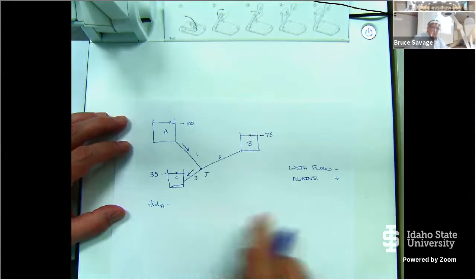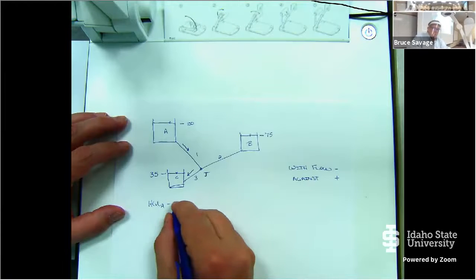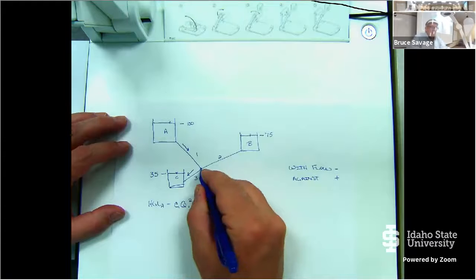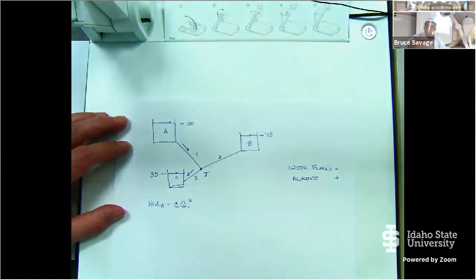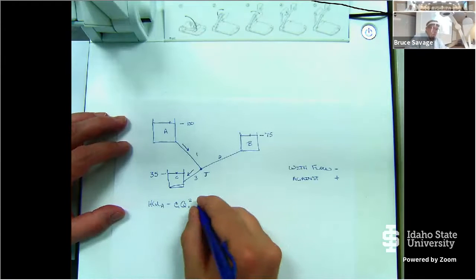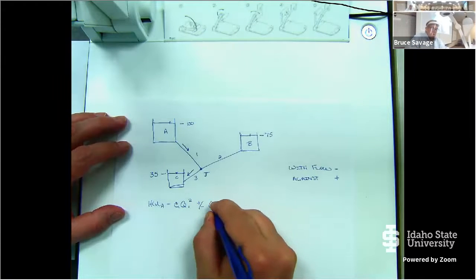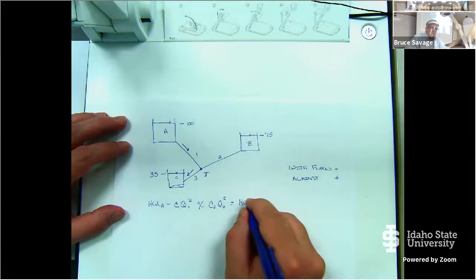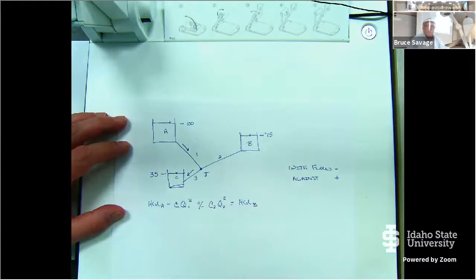And so going with the flow is minus, so now I'm going to get C1 times Q sub 1 squared. And that takes me to the junction. And now I'm going to go up to B. Well, I don't know if it's plus or minus, because I don't know if I'm going up the hydraulic grade line or down. So it's going to be plus or minus C sub 2 times Q sub 2 squared. And that's going to take me then to the hydraulic grade line at B.